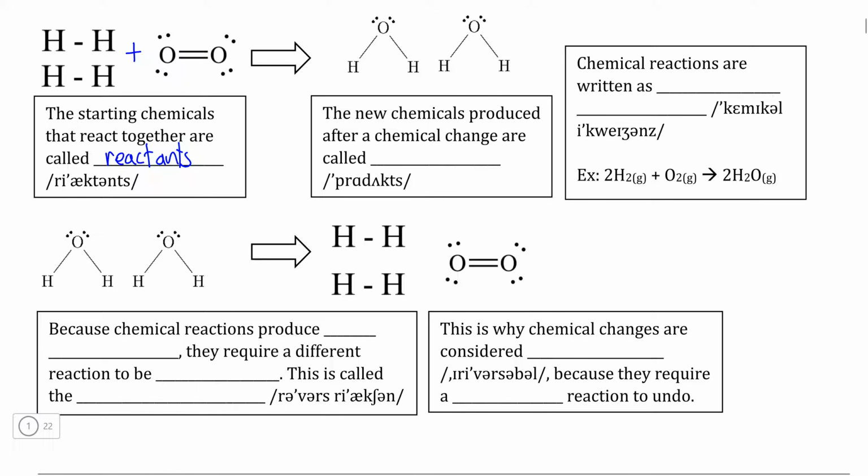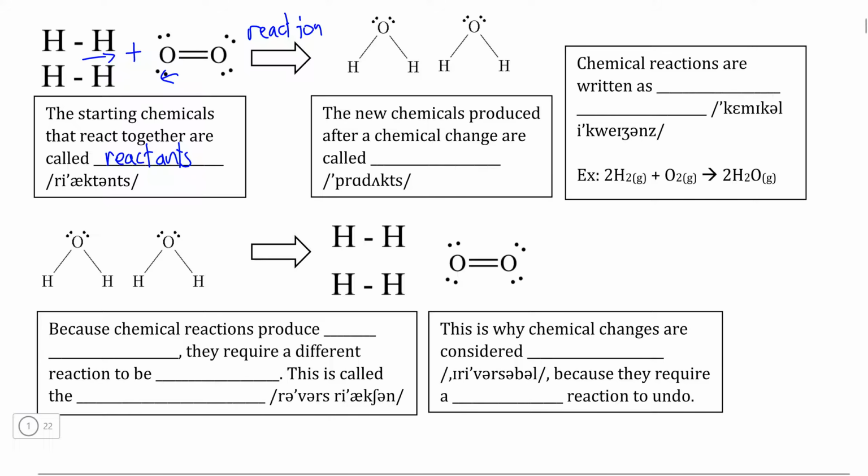Then when we bring hydrogen and oxygen gas close enough together, we get our chemical reaction represented by this arrow here, and that chemical reaction produces a new substance that is neither hydrogen nor oxygen, but a combination of the two, which happens to be water.